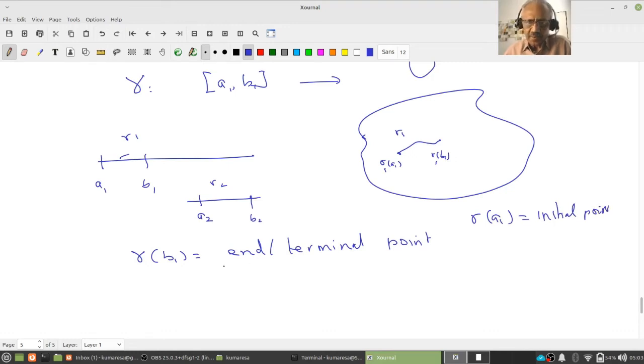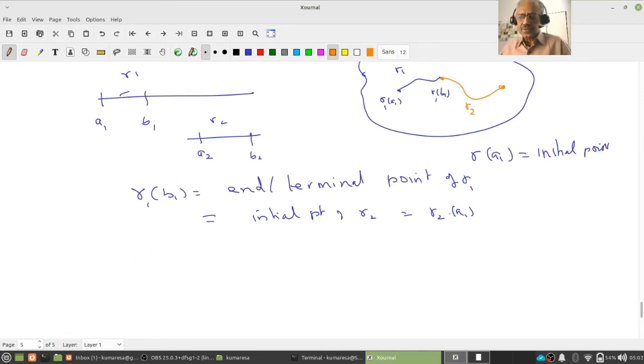The terminal point of gamma 1 I want to be the initial point of gamma 2, that is gamma 2 of A2. So it starts from here. Let me put a different color. This may be my gamma 2.